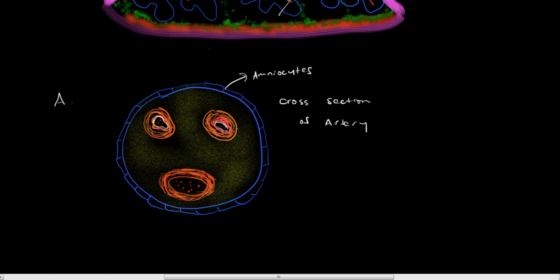And so we see two umbilical arteries and one umbilical vein. The way to distinguish the umbilical arteries from the umbilical vein is, number one, the muscle cells or myocytes within the media of the umbilical arteries have a more concentric arrangement. In other words, they're more in layers, whereas the vein is more haphazard.